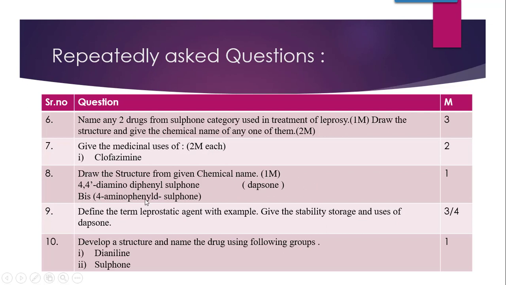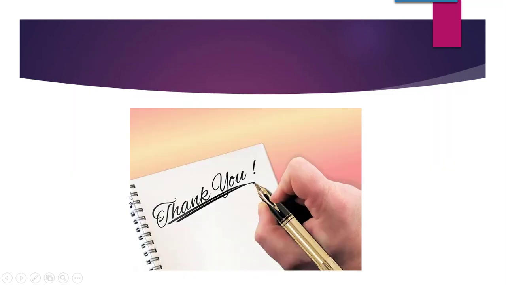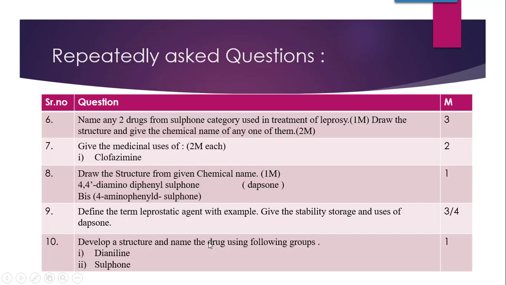And then bis(4-aminophenyl) sulfone, with capital D in the name. Bis means twice, and sulfone is one. Here the bracket would have been there to complete 4-amino diphenyl. This question carries 1 mark for dapsone, again the structure.